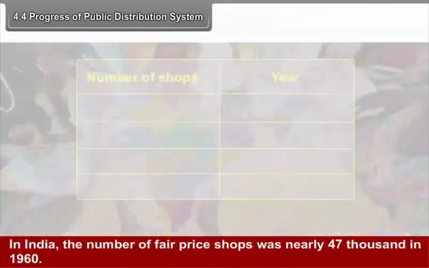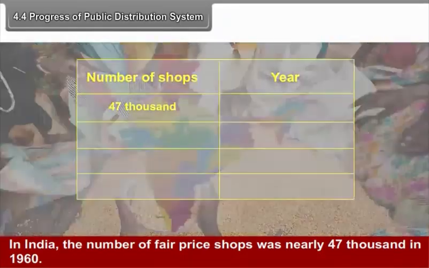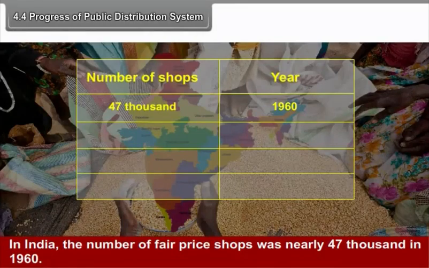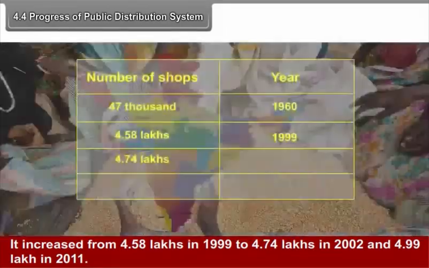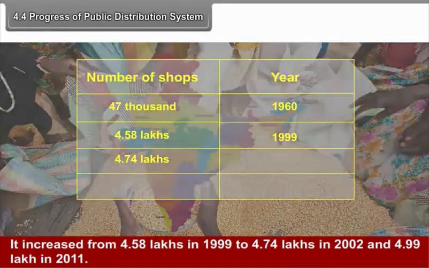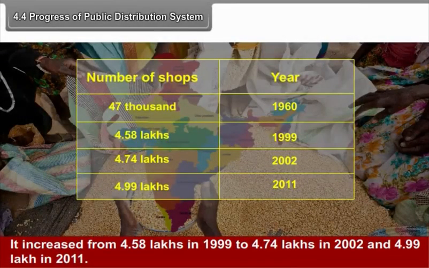In India, the number of fair price shops was nearly 47,000 in 1960. It increased from 4.58 lakhs in 1999 to 4.74 lakhs in 2002 and 4.99 lakhs in 2011.